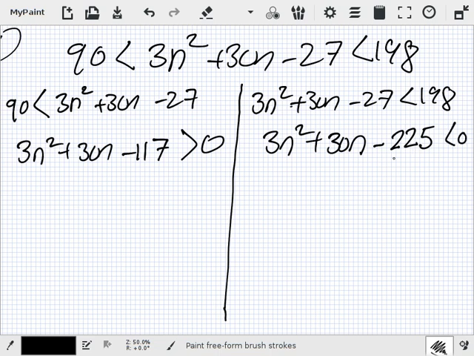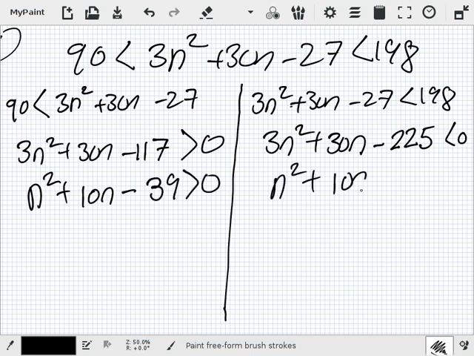Now this can be divided by 3, and this can be divided by 3. So n squared plus 10n minus 39 more than 0, and n squared plus 10n minus 75 less than 0. Now this has what solutions? 10 and 3? No.